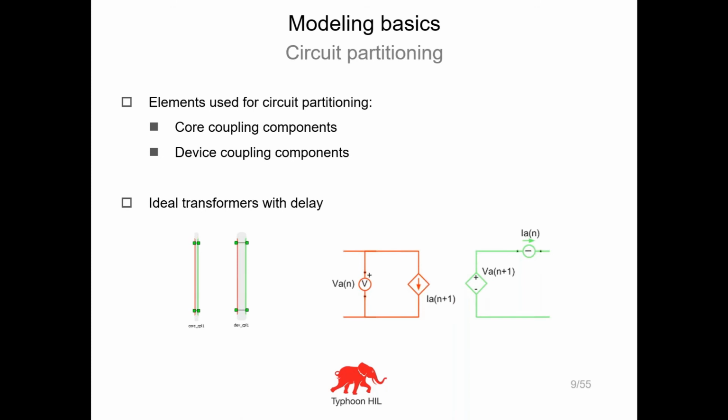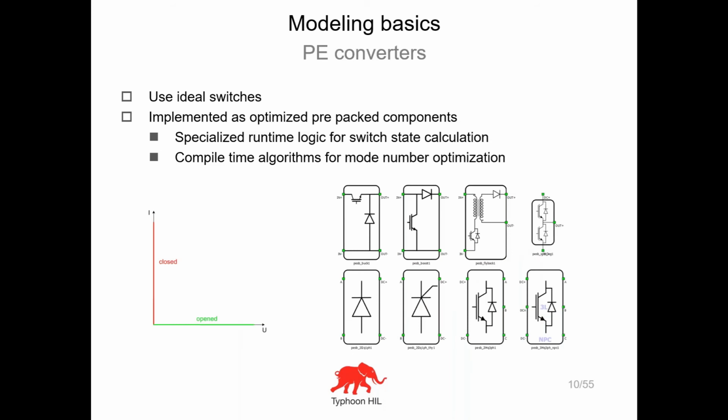There are 2 types of coupling components: core coupling elements, which are used for partitioning of larger circuits among the cores of a single HIL device, and device coupling elements, which are used to divide large circuits among different HIL devices. In one of the following presentations, we're going to cover this circuit partitioning.